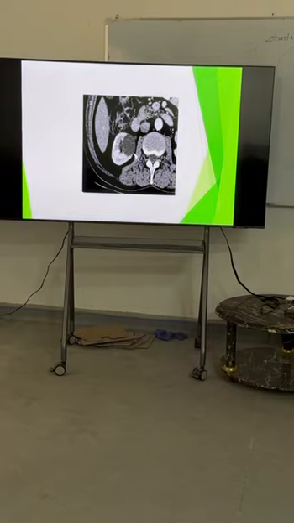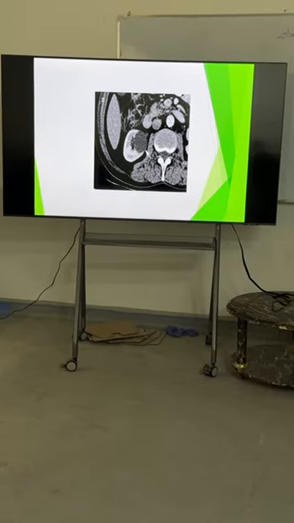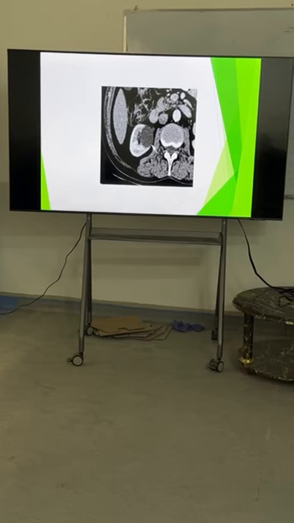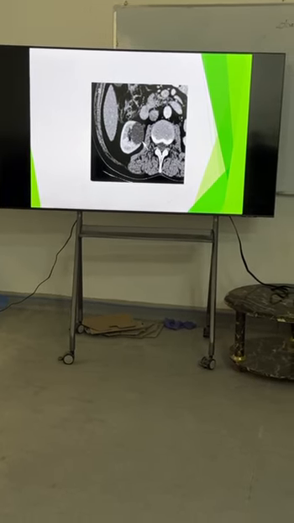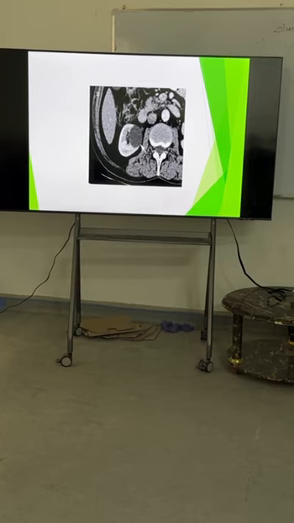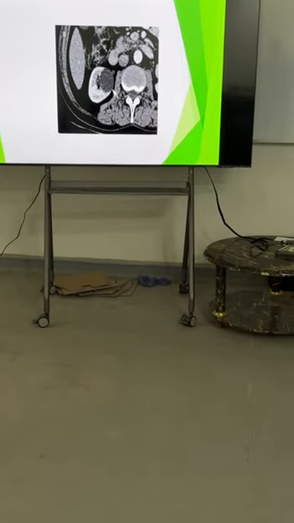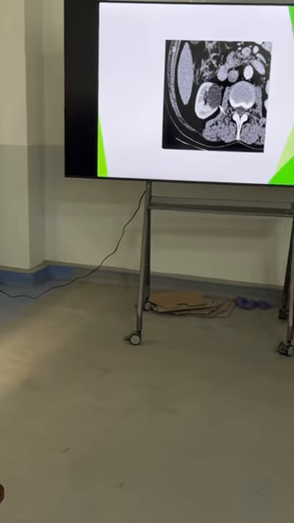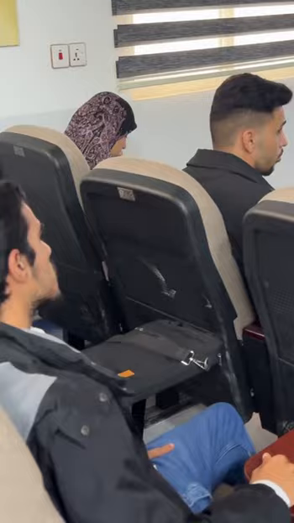Who can describe this for me? This is a CT with contrast. Excellent. Axial section. Excellent. Show us. So the kidney, the left kidney. This is the right.